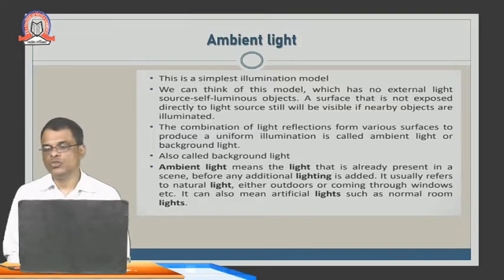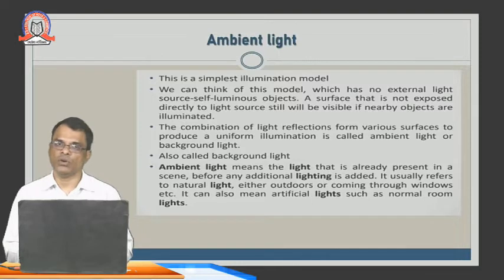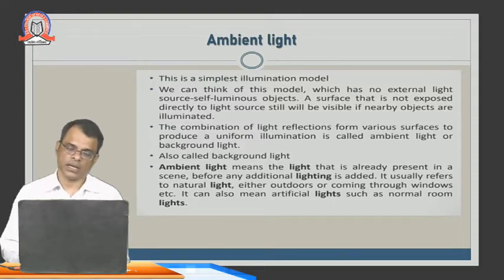It usually refers to natural light, either outdoor or coming through windows, etc. It can also mean artificial light such as normal room lights. So ambient light is the light which is present naturally, like sunlight, or light coming from a window, or at night if we switch on the tube lights in the house, then that light we can call ambient light.